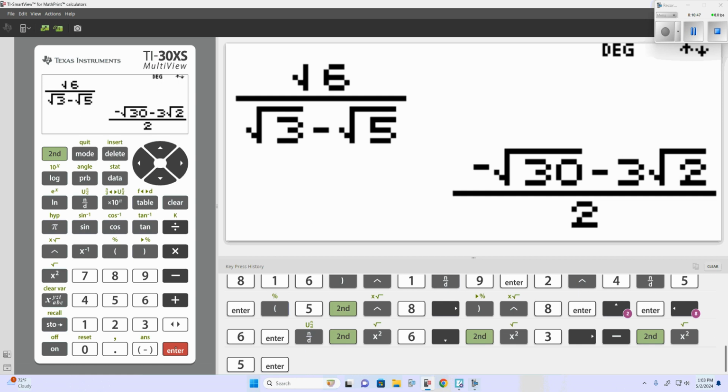Questions on that there? Yep. Because if you put this one in the graphing calculator, it's just going to give you a decimal answer. Any other questions on 21 through 24?